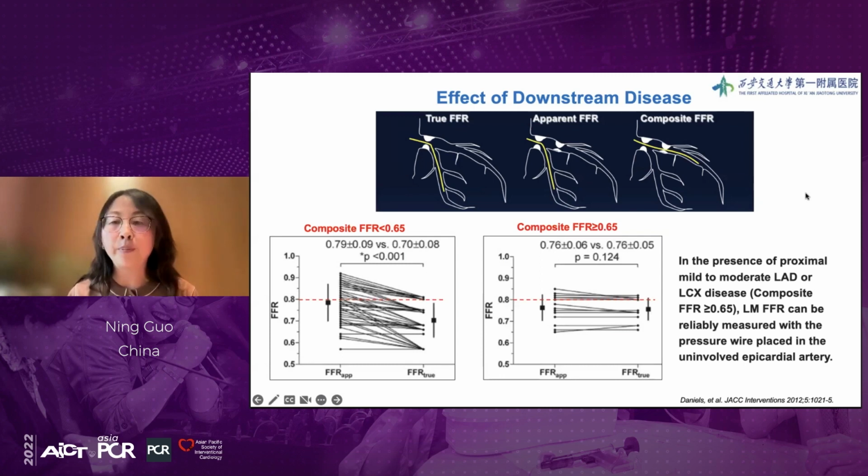So at this point, there's a study showing that in the presence of proximal mild to moderate LAD or LCX disease, like composite FFR more than 0.65 in animals or more than 0.45 in humans, the left main FFR can be reliably measured with a pressure wire placed in the uninvolved epicardial artery.